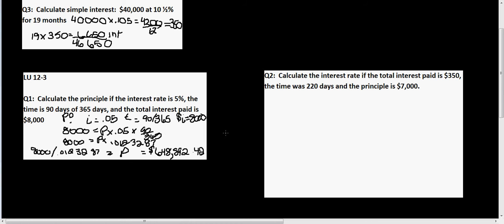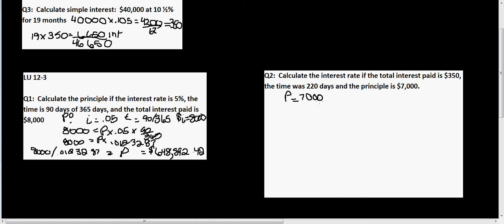In this case, we don't know what the interest rate is, but we're going to go about it the same sort of way. Let's write down the information we do know and then pop it into a formula. Principal is $7,000. We know that. Just make little notes. I find it easier to assemble the information in the end.